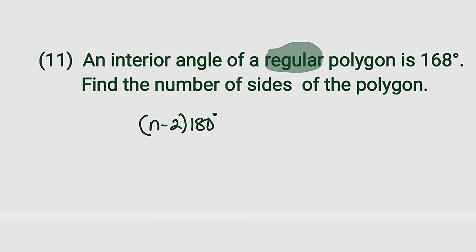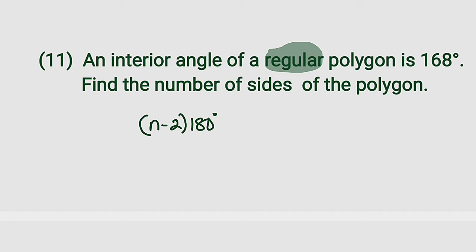For example, if you are dealing with a triangle that has 3 angles and 3 sides, the sum of all its interior angles equals 180 degrees. So where n is 3 for a triangle, 3 minus 2 gives us 1, and 1 times 180 is still 180. But in this case, we don't know the number of angles.